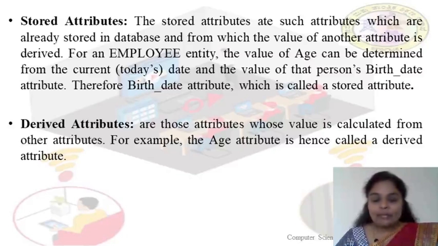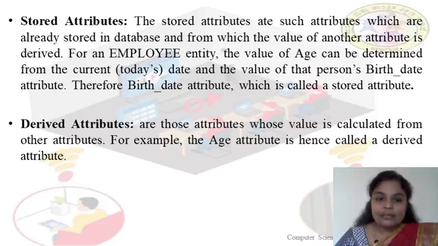I'll complete this example part also. For an employee entity, the value of age can be determined from the current date, that is today's date, and the value of the person's birth date attribute.